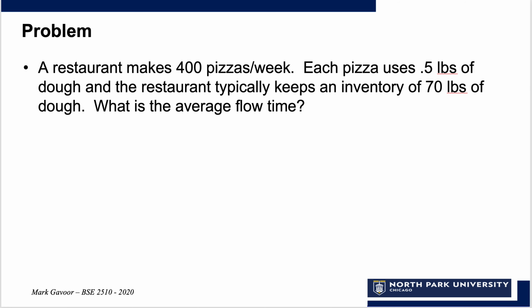So 70 pounds must be the queue of dough ready to be made into pizzas. Let's pause and you try it and come back after the pause and see what the answer is. That was time for you to pause it. Now let's advance the slide.